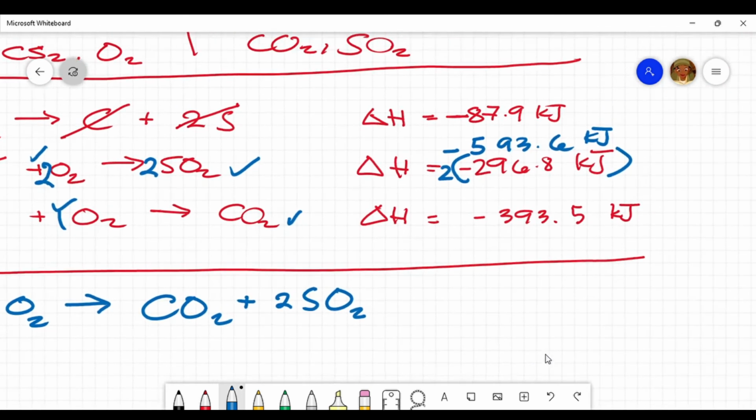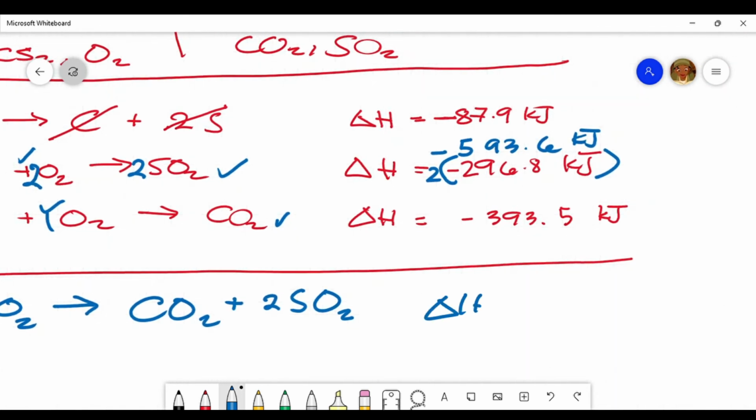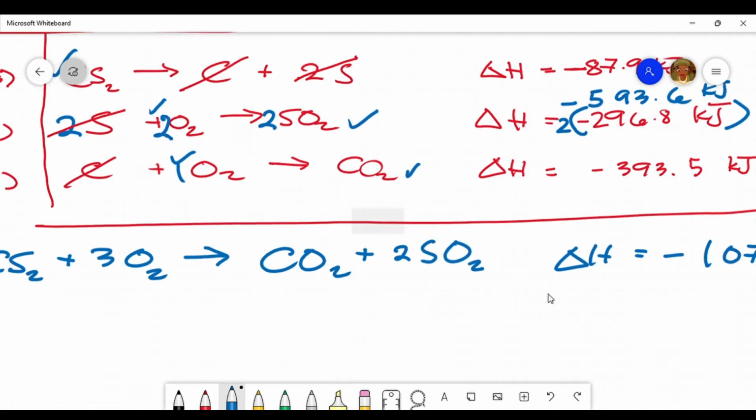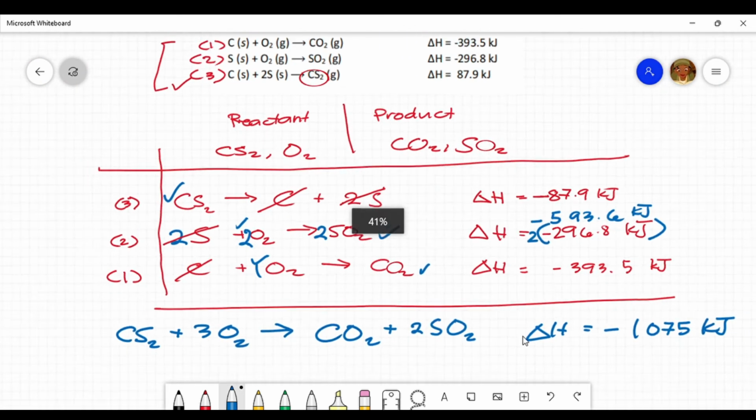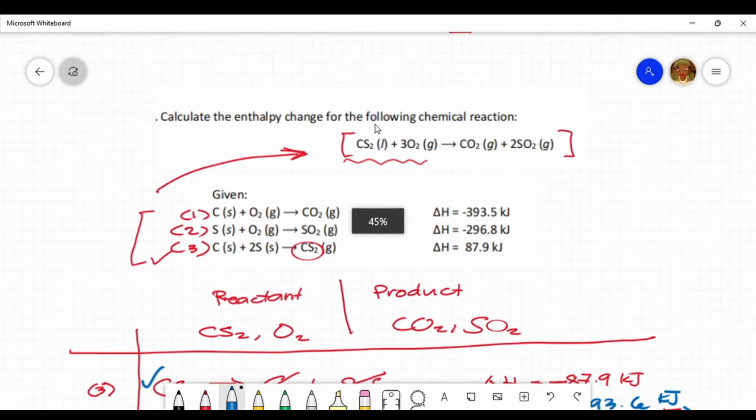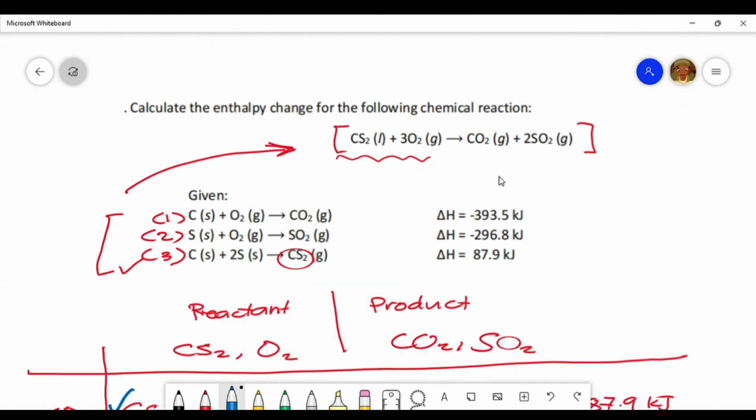And if you calculate the enthalpy change for this, we have negative 1075 kilojoules. So this is what we're looking for, the enthalpy change for this given reaction.